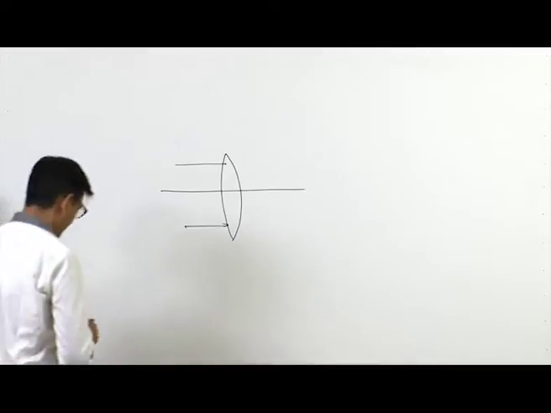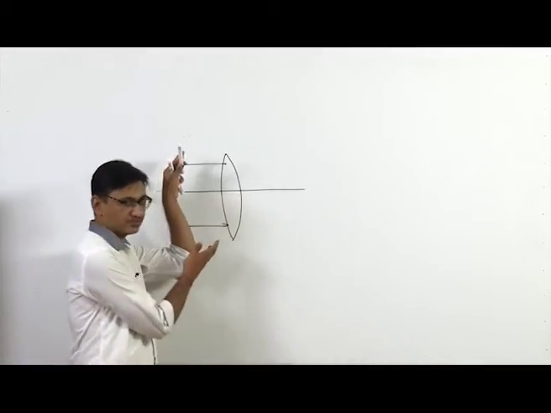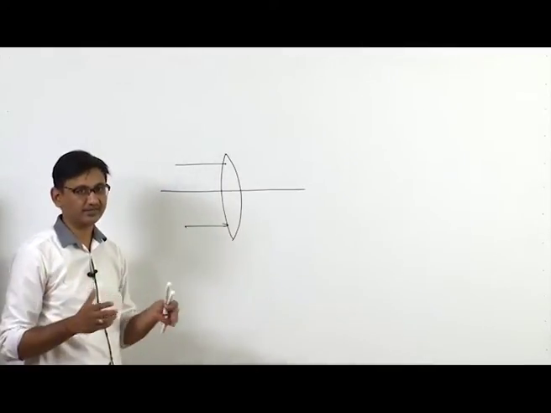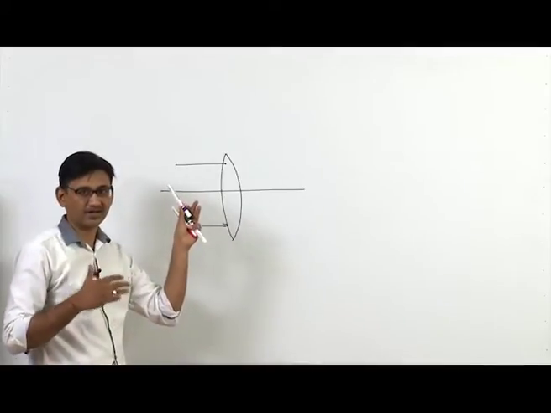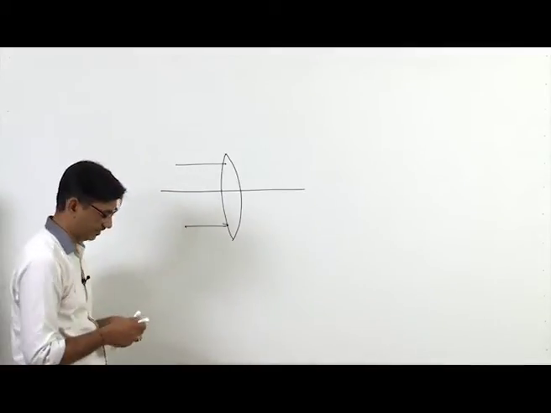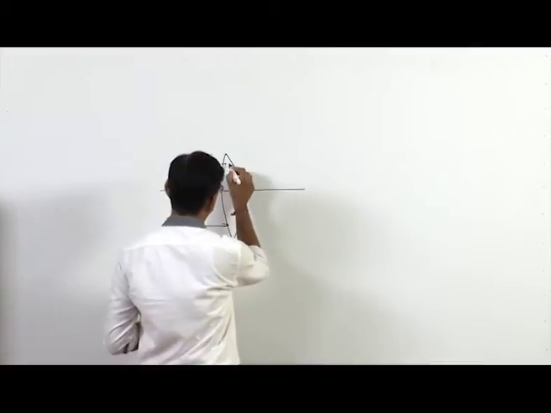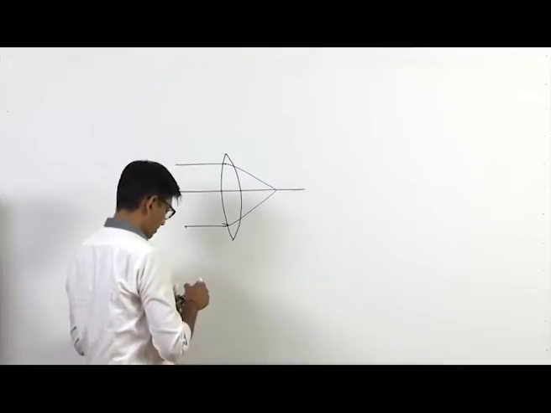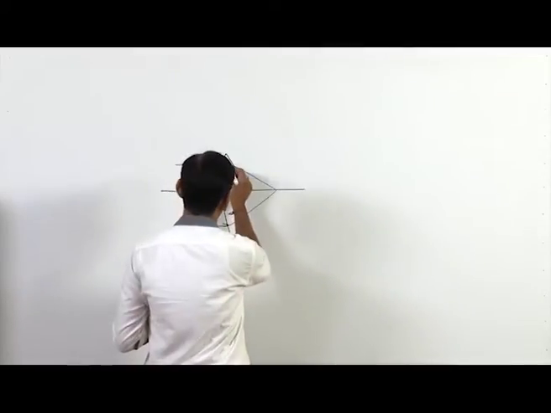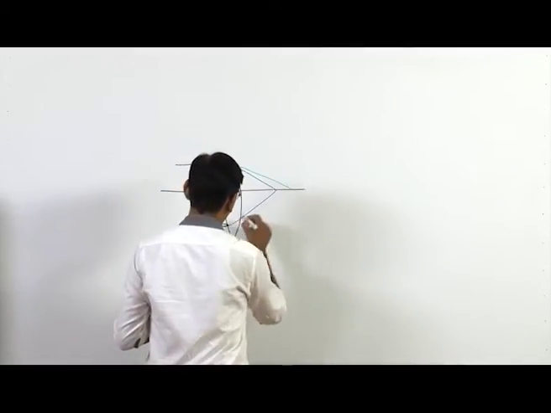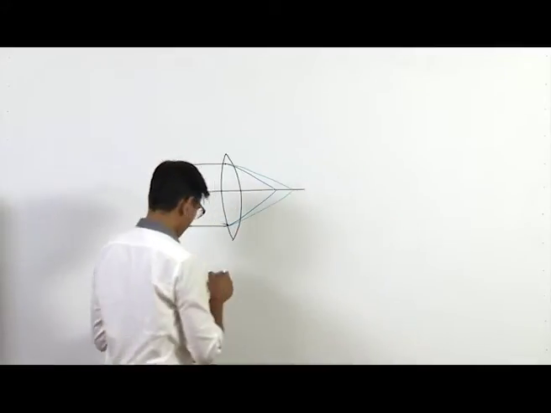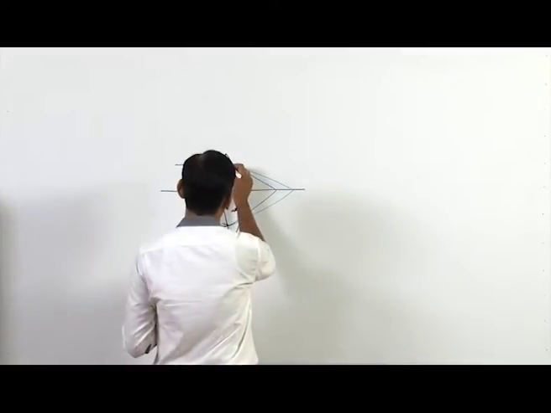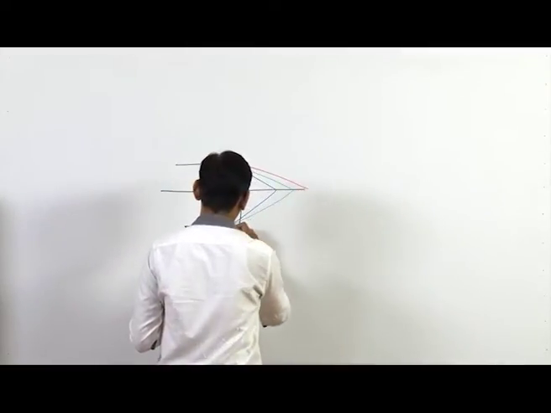Now, depending upon the wavelength, this particular ray which is composed of different wavelengths will get converged depending upon its wavelength. So, as we said, the blue will be the closest, then comes the green wavelength, and then you will have the red one.